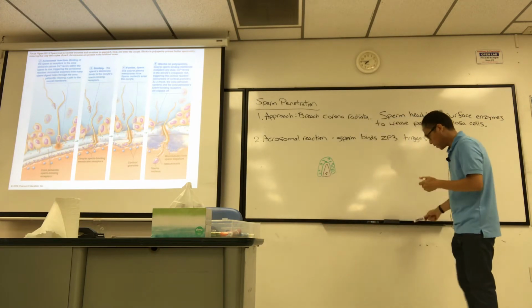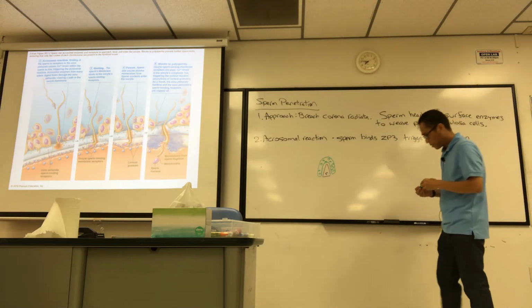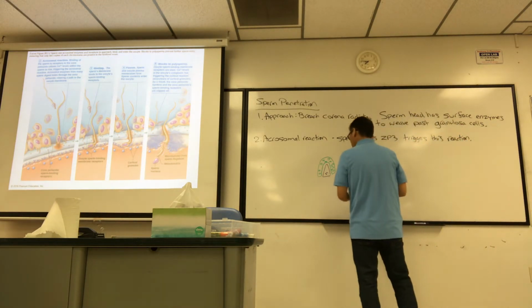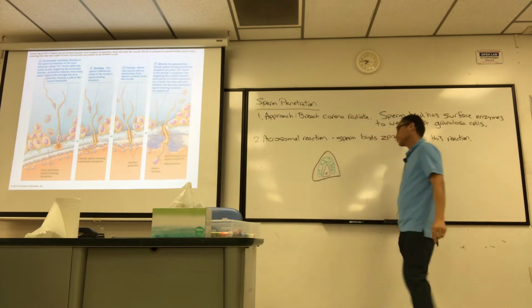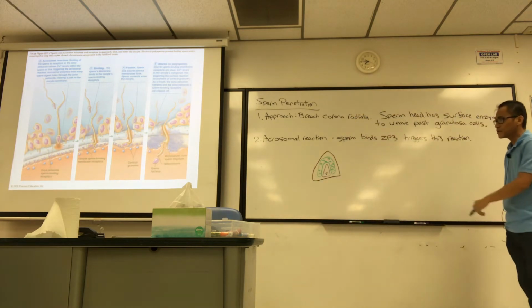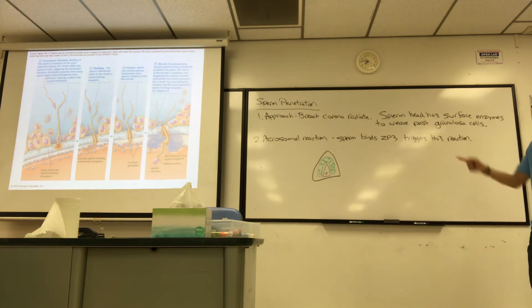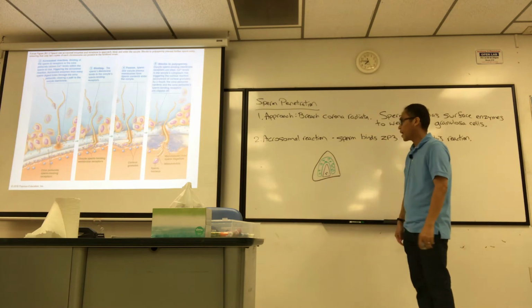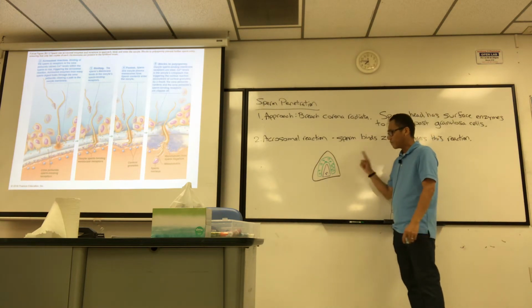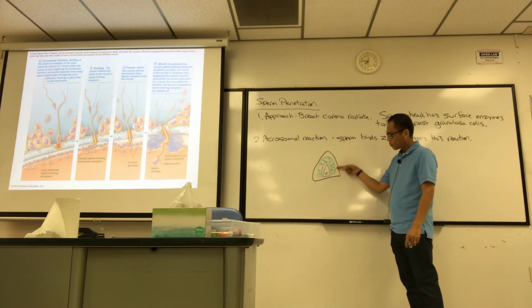But both of these things were surrounded by a plasma membrane. I won't draw the rest of the sperm, that's just the sperm head. So what they're showing you in this acrosomal reaction is, what happens when you bind the ZP3 is you have a fusion of the outer layer of the acrosome, the outer green part.